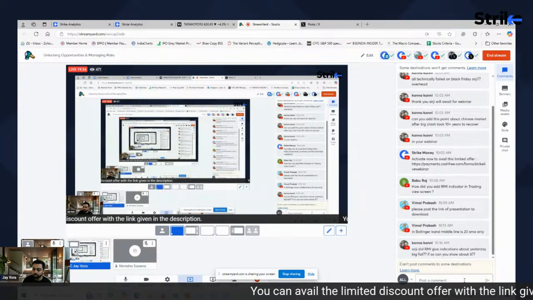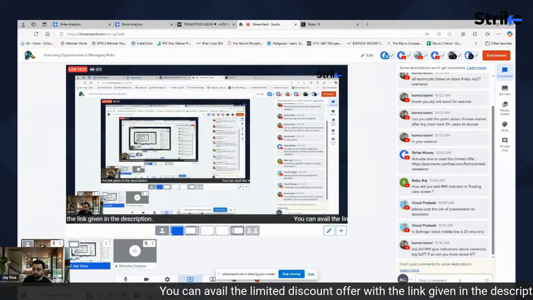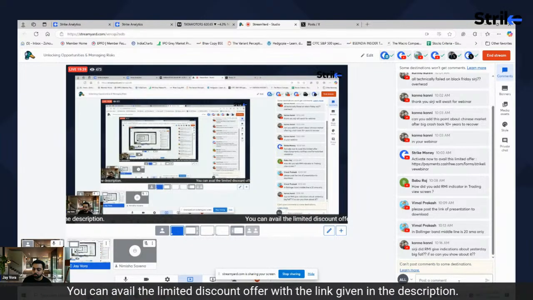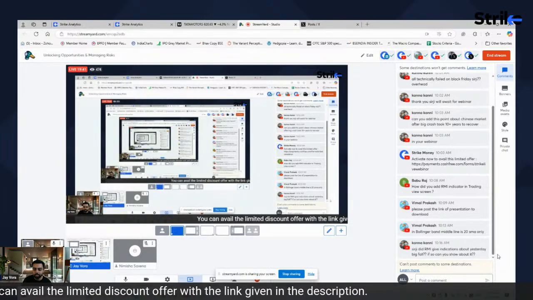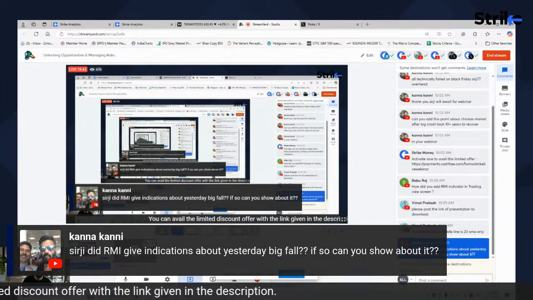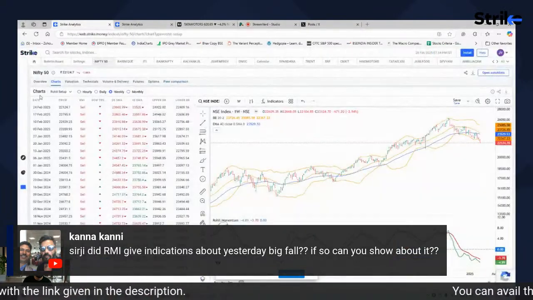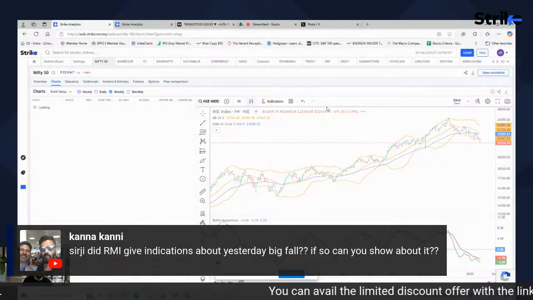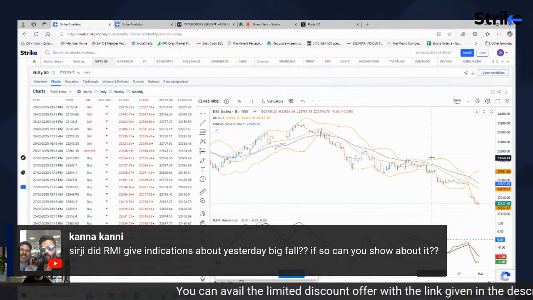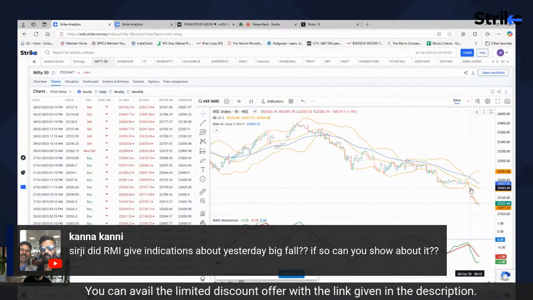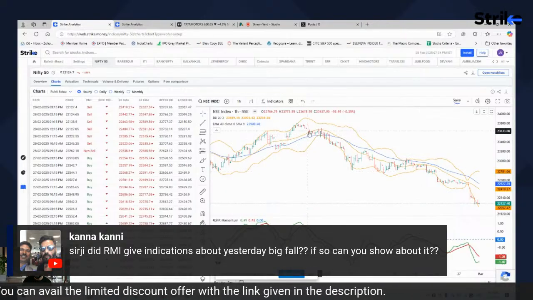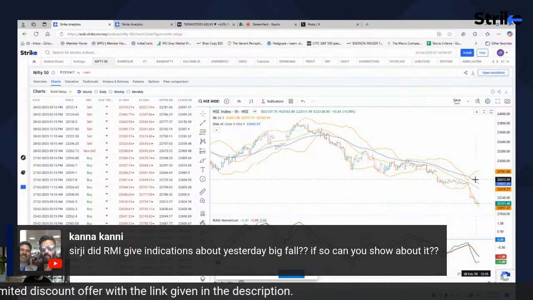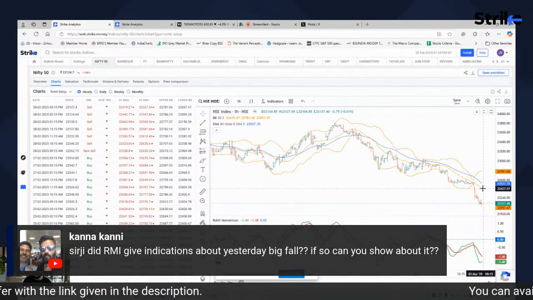So you asked whether RMI gave an indication. Kani, your question is whether RMI gave any indication? Since you are asking about yesterday, I believe you are asking for a very small time frame, and you can see that the index had been trading below the moving averages that we follow.